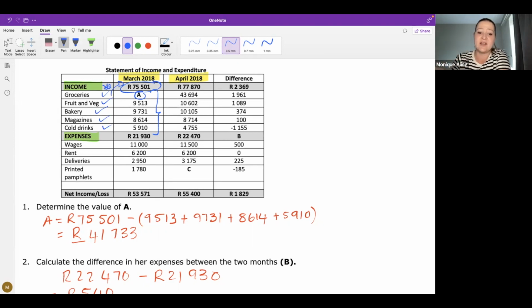And we're just missing the groceries amount. So we're just taking the total and we're minusing all the others, because that will give us what we are missing, which is A.